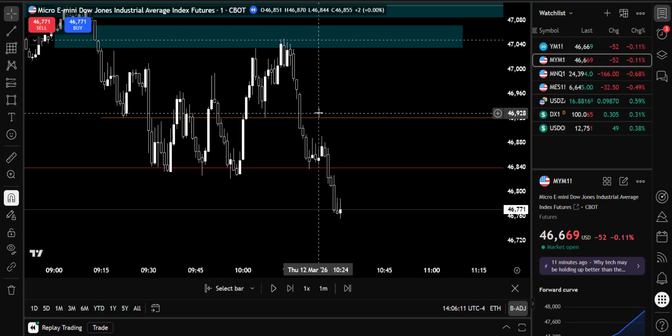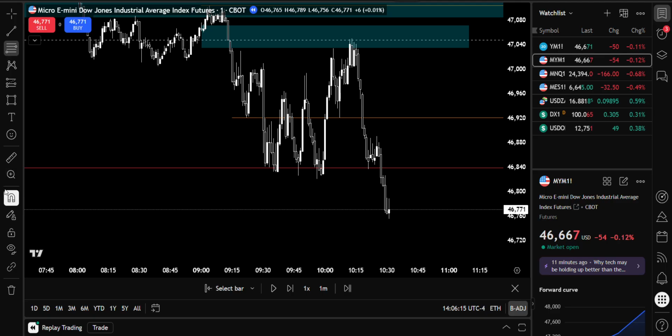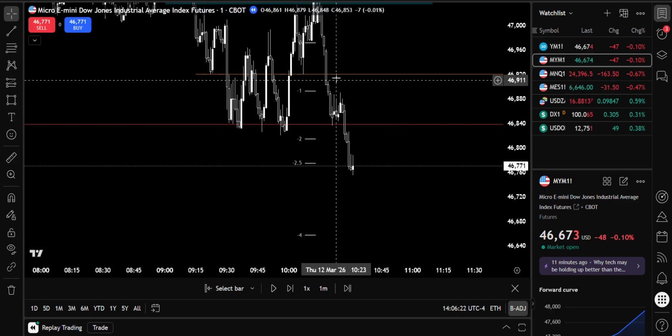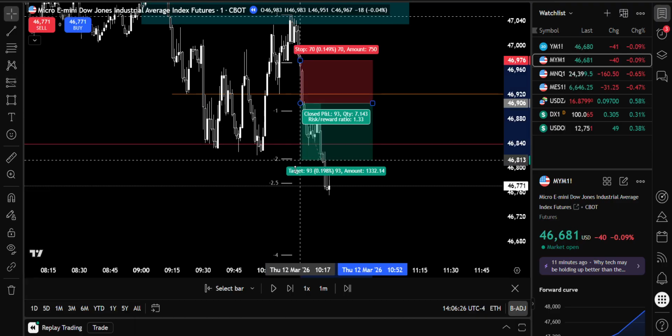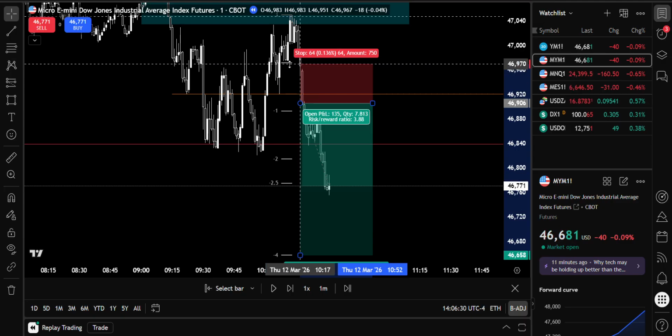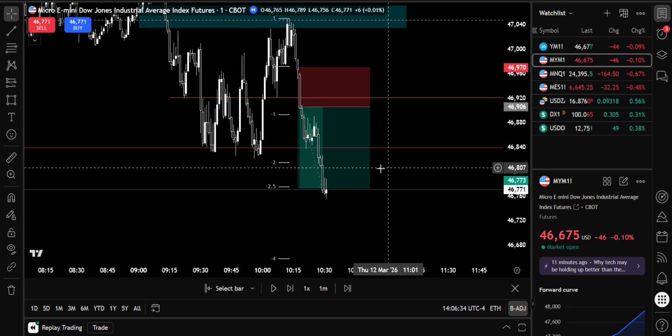We'll get an IFVG. Let's say you entered off that. You probably want to use standard deviation because this is like a power of 3. And let's say you get this IFVG. Let's say you were right here. Can we hit down here? You probably put your stops maybe above this. Target 2R. That's all you need.